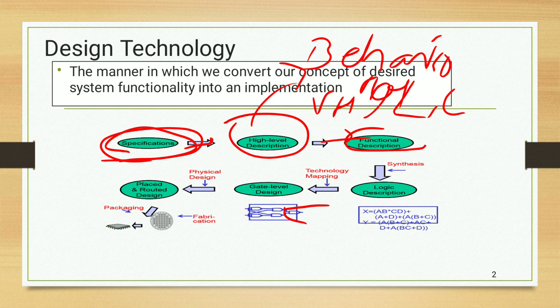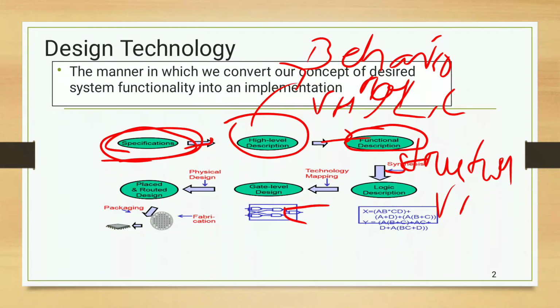Now this one is the functional description. Functional description means structural, VHDL. In functional description, structural description is an interconnection of components.